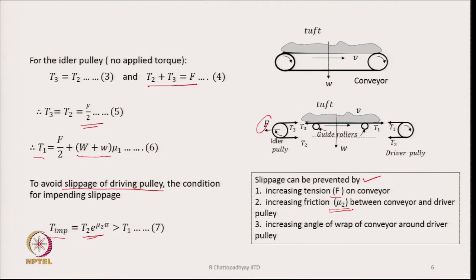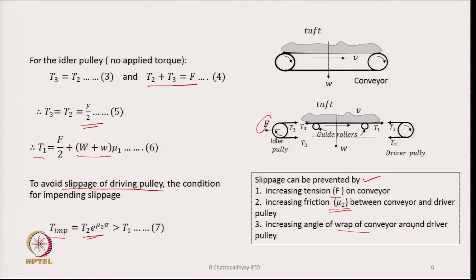The other thing is to increase the angle of wrap. In the present case it is exactly pi, that is 180 degree. So, if this wrap can be changed, if we can increase it, in that case also we will be able to reduce the possibility of slippage.